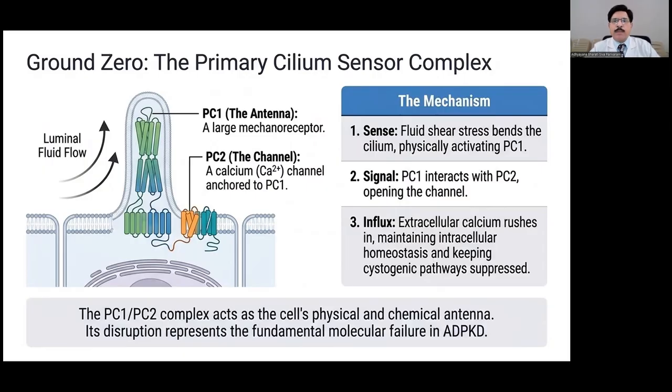Fluid shear stress binds the cilium, physically activating this. When the fluid is moving in the tubule, these cilia bend because of the fluid movement. When they bend, they trigger the PC1 receptor there.